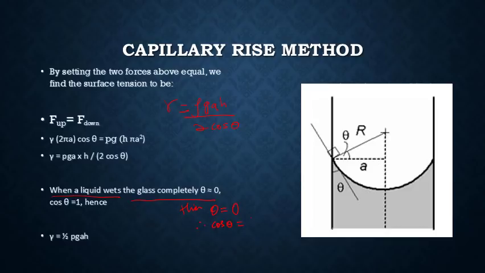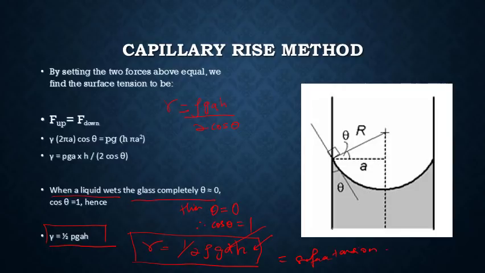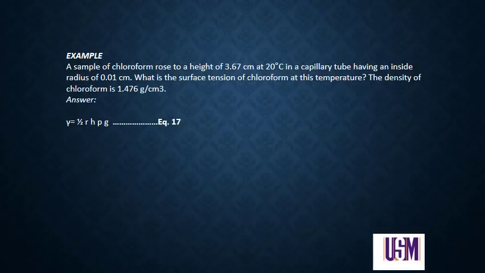So cos theta will be equal to 1, and you will finally have gamma equals half of density times gravity times radius times height. So using this experiment, for example, if you know the height and you know the radius of the capillary tube that you use, then you can easily calculate the surface tension of the liquid tested.